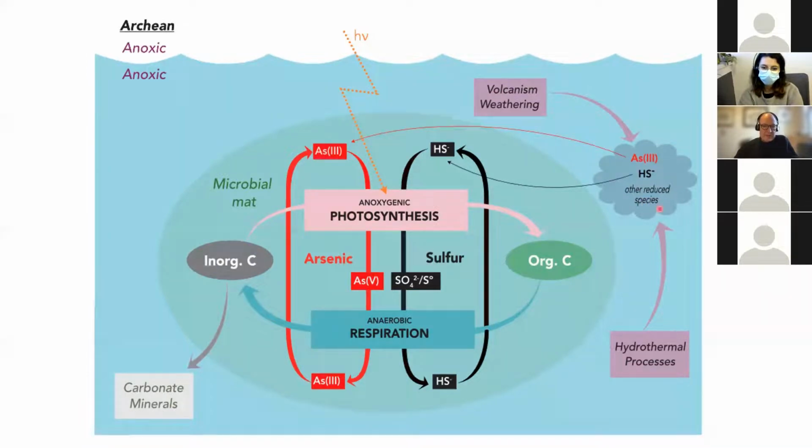So then, coming back to the summarizing slide, volcanism and weathering may have delivered arsenic 3 and hydrogen sulfide, hydrothermal processes even so, and you get an active sulfur cycle, perhaps a short one, maybe only from hydrogen sulfide to sulfur and back to hydrogen sulfide, and in red from arsenite through photosynthesis to arsenate, and respiration using arsenate back to arsenite. And both of these element cycles would have an impact on the production of calcium carbonate in the earlier stromatolites.